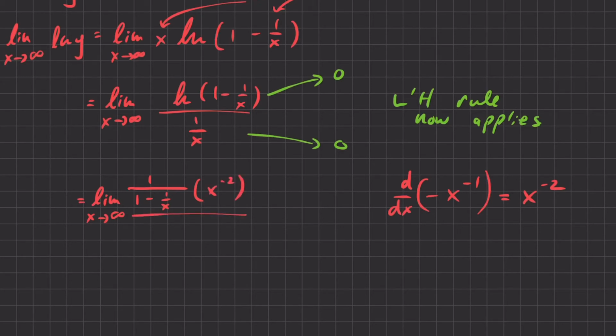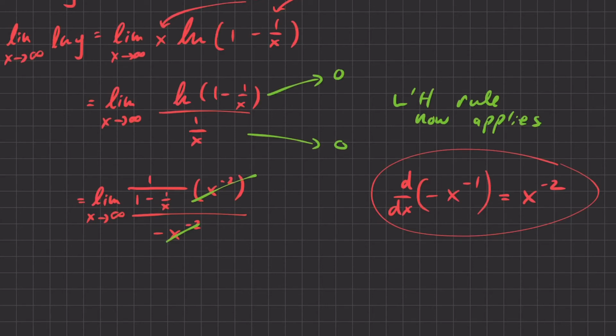And on the denominator, when I take the derivative of that, it's basically the same thing, except negative. So I'm going to have negative x to the negative 2, okay? And I think it's clear to see that these will cancel out. Not the negative sign, though, so keep that in mind.